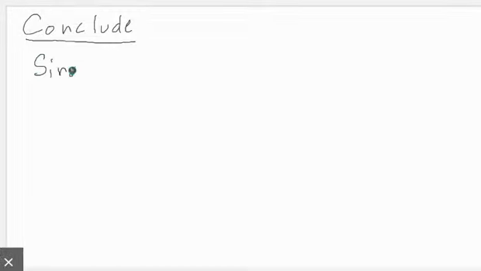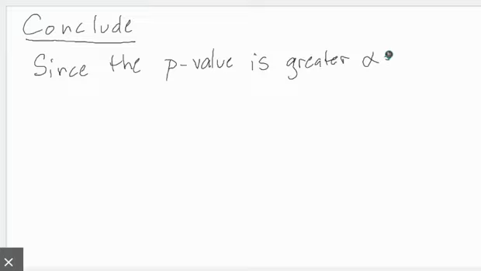Since the p-value is greater than alpha, and I'll go ahead and put alpha equals 0.05.